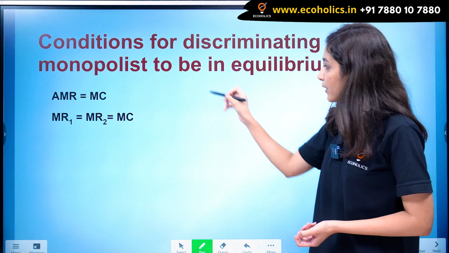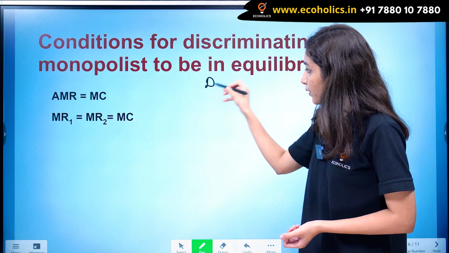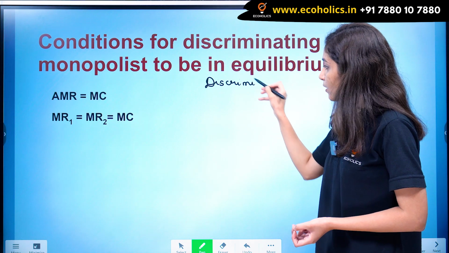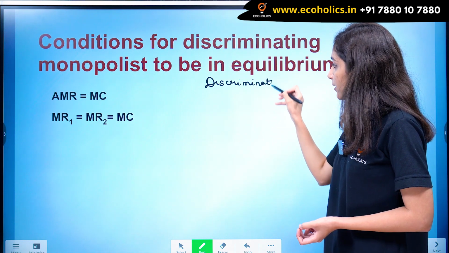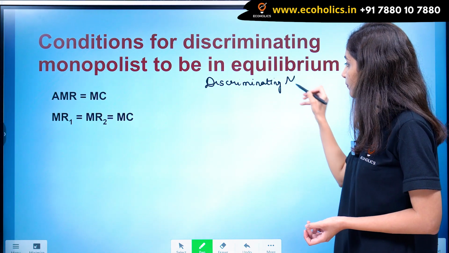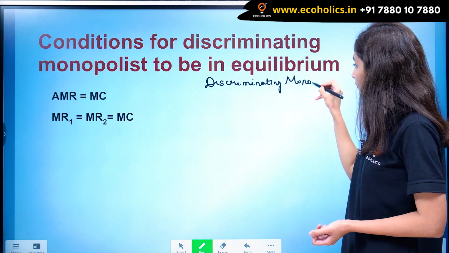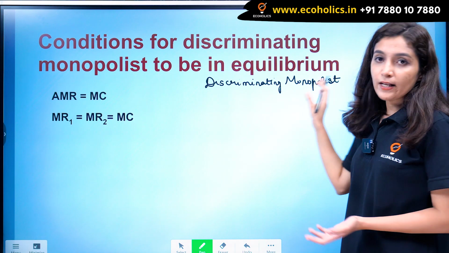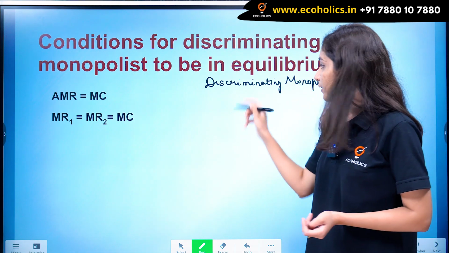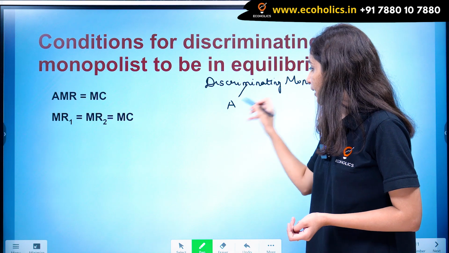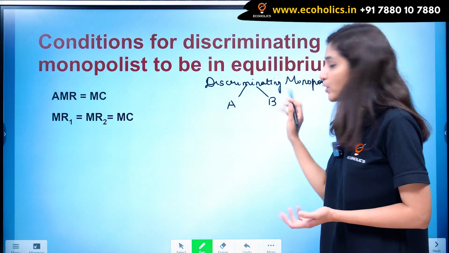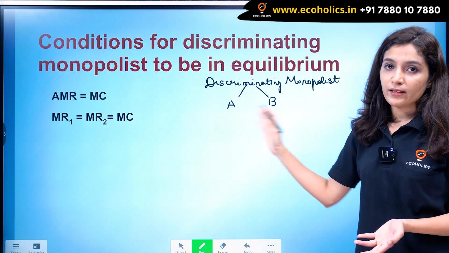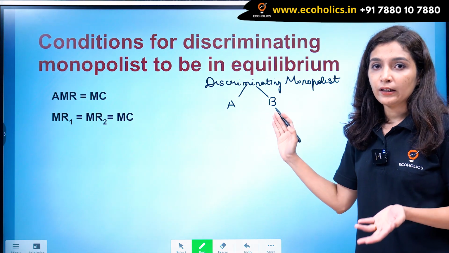We have assumed that a discriminating monopolist sells in two different markets. That is, let's say we have market A and market B. So in these two markets, he sells his product. And obviously, the price elasticity of demand in both the markets will be different.